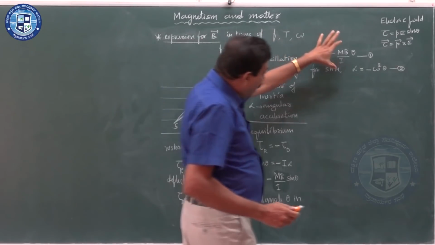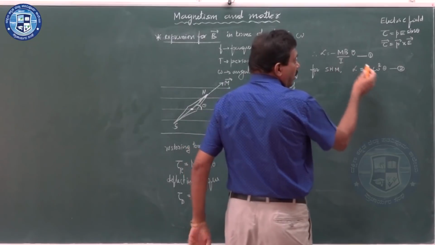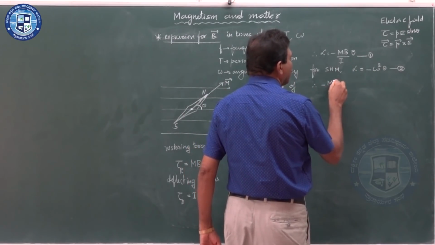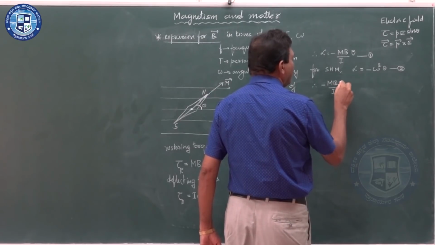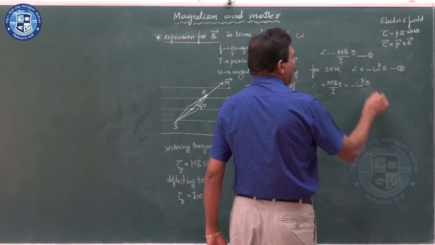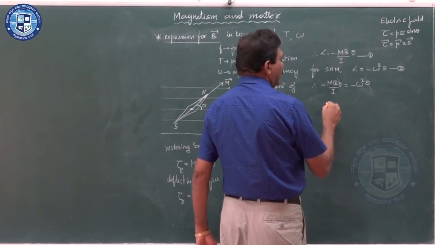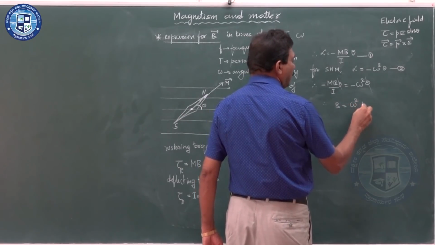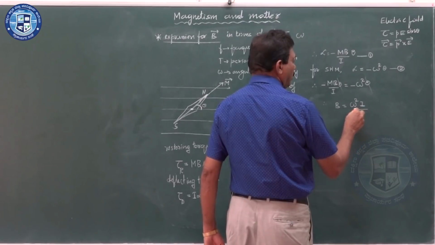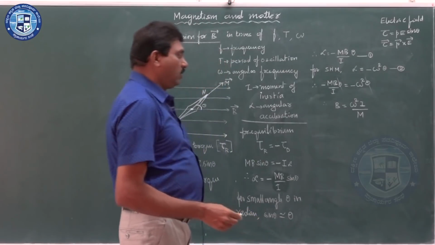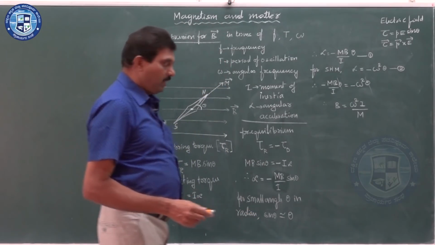So, we can have a similar expression here; therefore, you can equate 1 and 2. Minus M B by I theta is equal to minus omega square theta. We can cancel theta. Therefore, B is equal to omega square into I divided by M. Magnetic field B is equal to omega square into I divided by M.